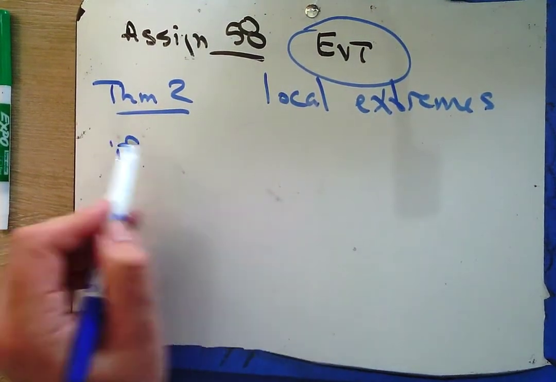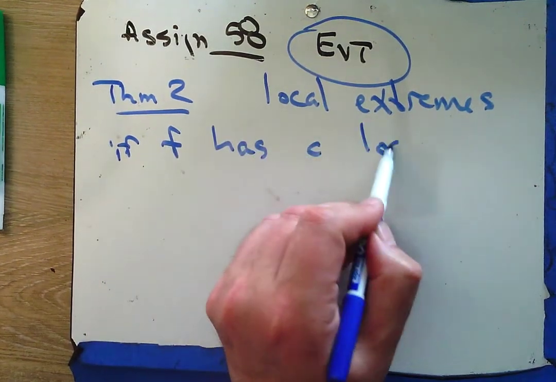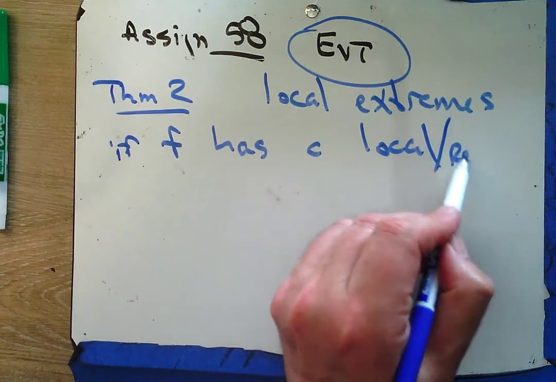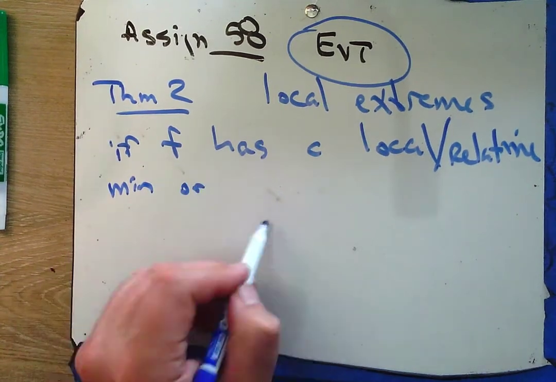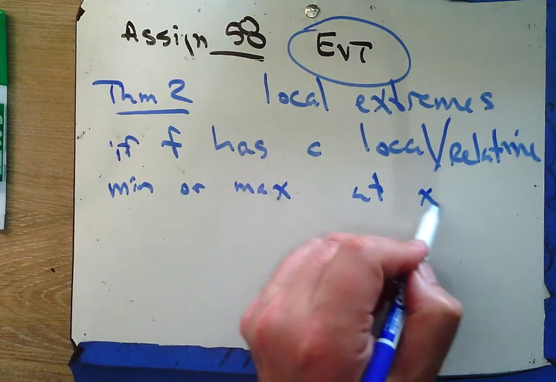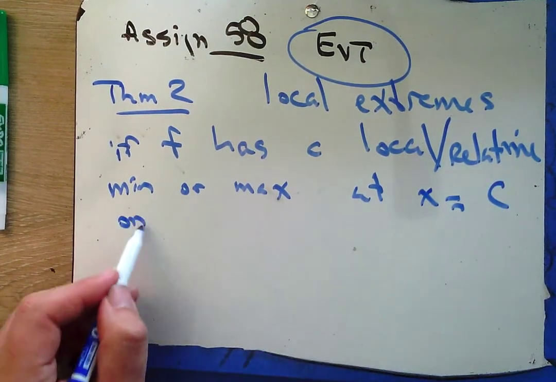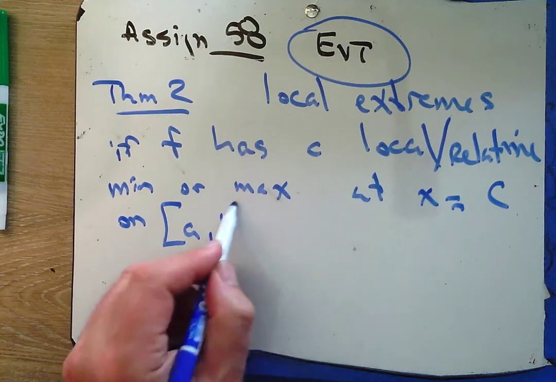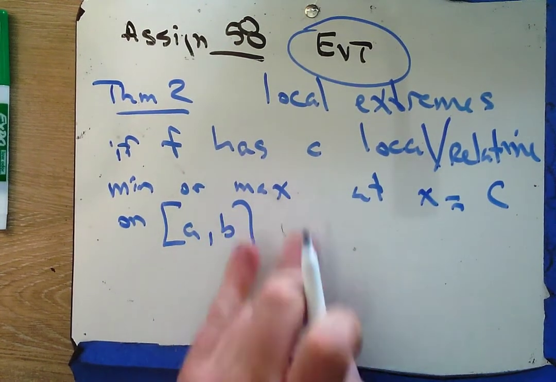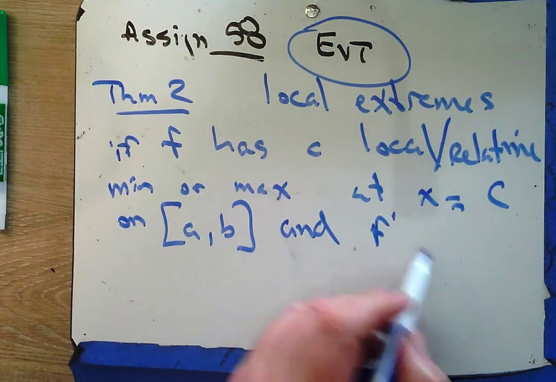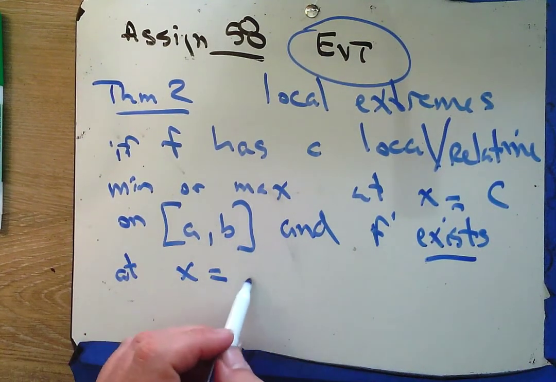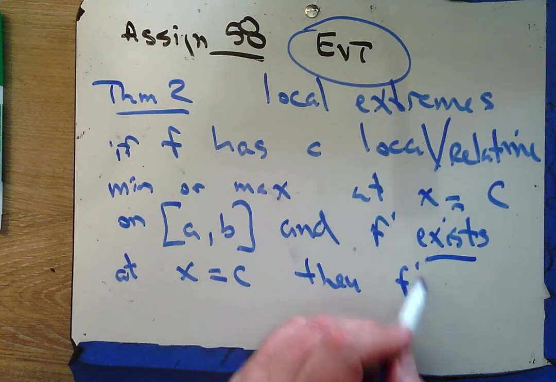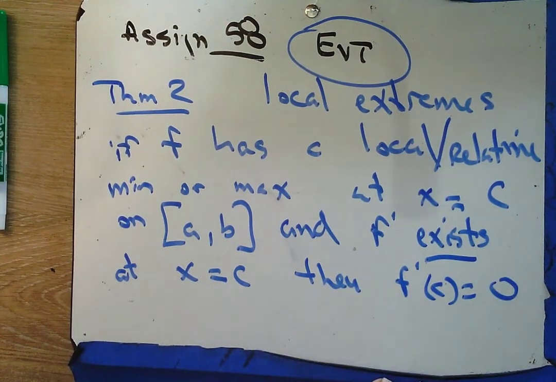Well, if f has a local or relative min or max at x equals c on A to B, and, wait, there's more, and f prime exists at x equals c, then f prime of c is going to have to be 0. Huh? What are they getting at here?